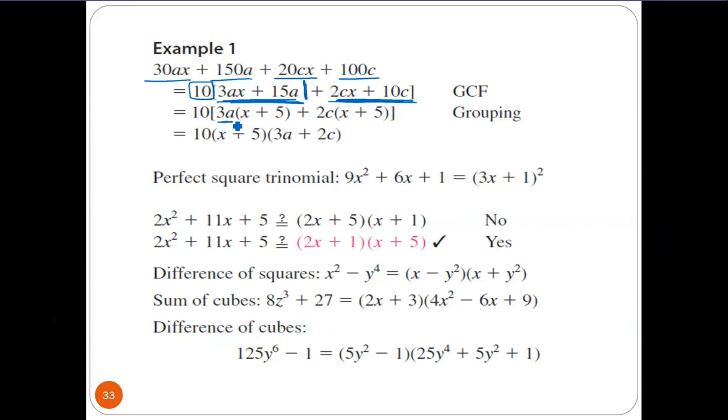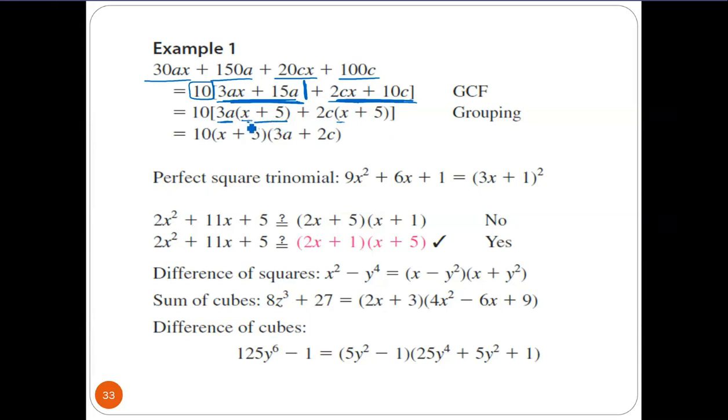After taking 3a, we have x and 5, because 15 divided by 3 is 5. From the second group, we can take 2 and c. We take 2c as common factor, and we have x, and from 10c, we already took c, and 10 over 2 equals 5. Look at this.